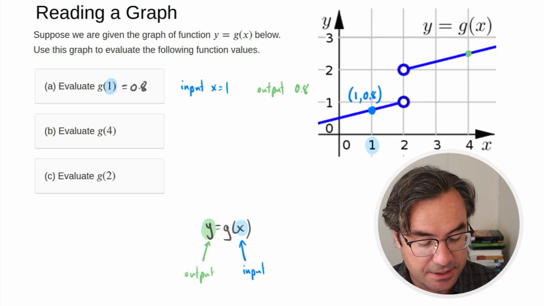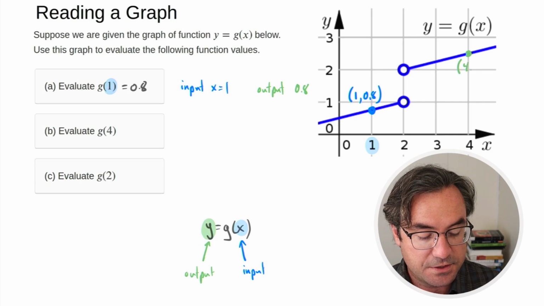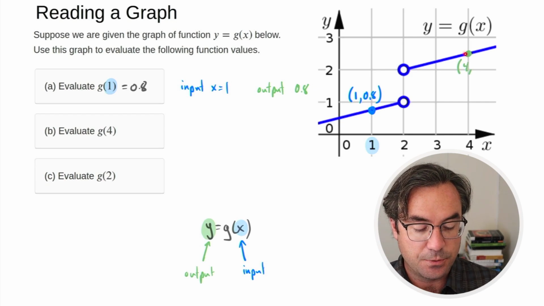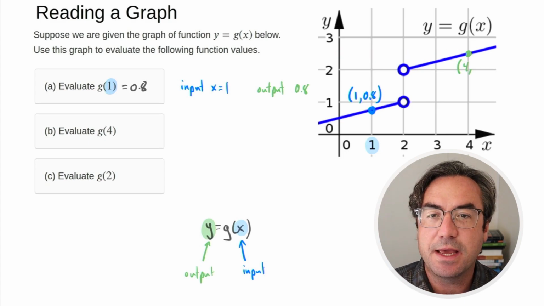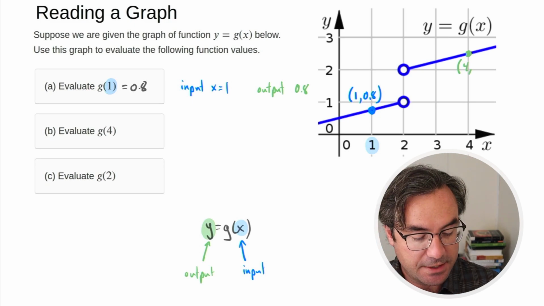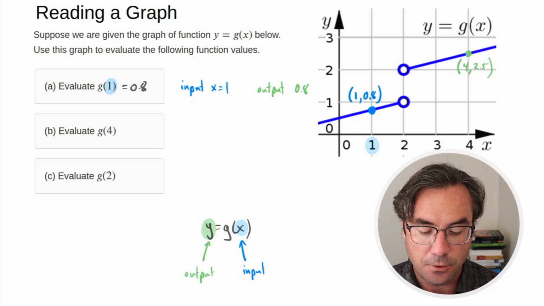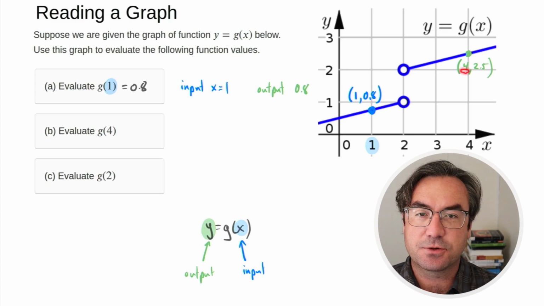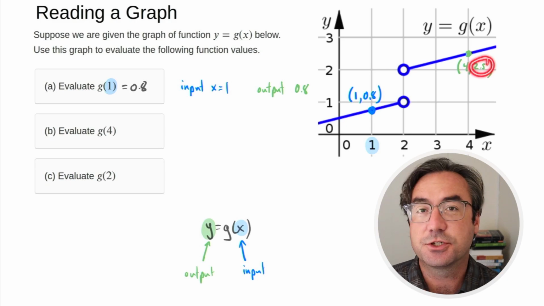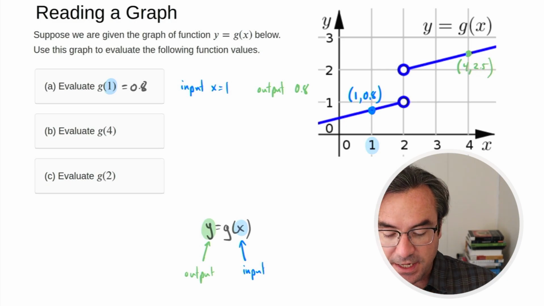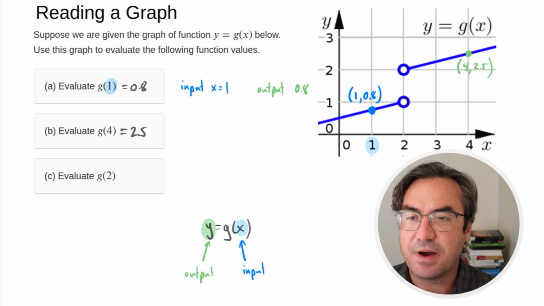The x-coordinate is 4. What is the y-coordinate? We look over, and to me this looks pretty close to halfway in between the 2 and the 3. So I might say 2.5. The input is the x-coordinate, the output of our function is the y-coordinate. So we would say in this case that g of 4 is equal to 2.5.